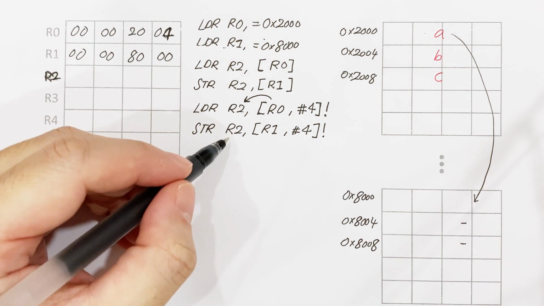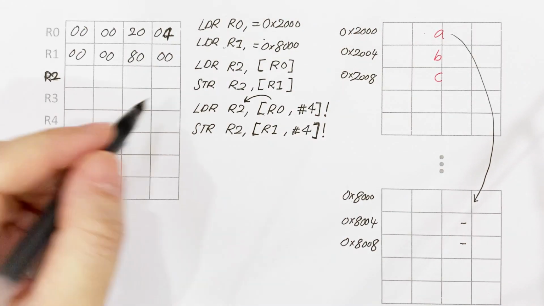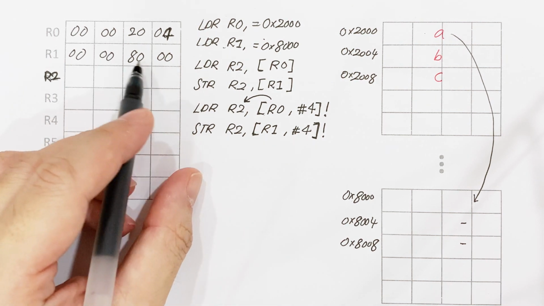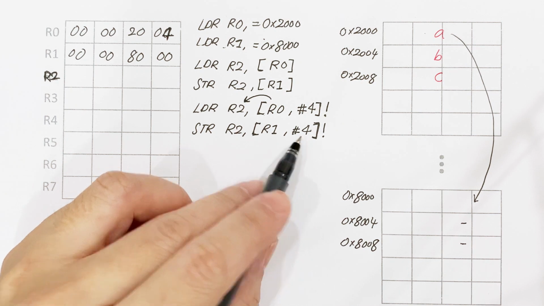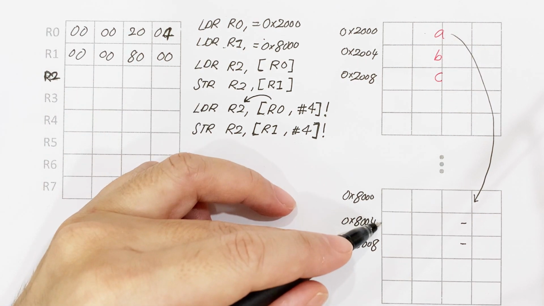After that, I'm going to store R2 back to the memory, and the address is given by R1. R1 still is 8000, so with 4 as immediate offset, it is 8004, as we explained just now. The data will go to that memory location.